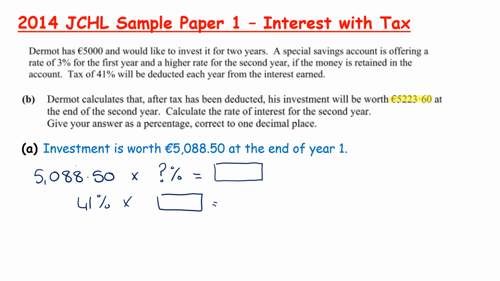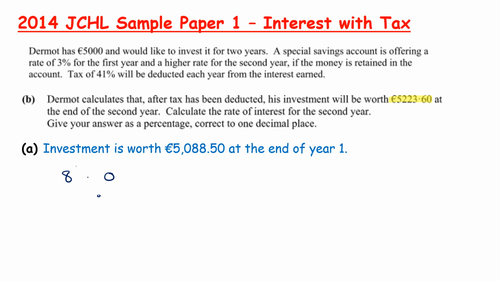So there's quite a lot going on here that I can't do. But if we think about the end result and work backwards, we start instead with 5,223.60. If I subtract the amount we had at the start of the year, that will give me how much interest was actually added on. So that's a good starting point.